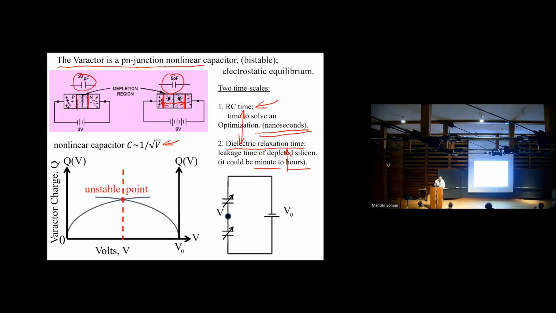And so the varactor has this unstable point. This is for this circuit where it's simply two varactors in series, and you think the voltage would divide equally between them. Actually, it's an unstable point, and you either roll down one way or the other way, and it becomes a nice bistable system that could be used for giving digital answers.